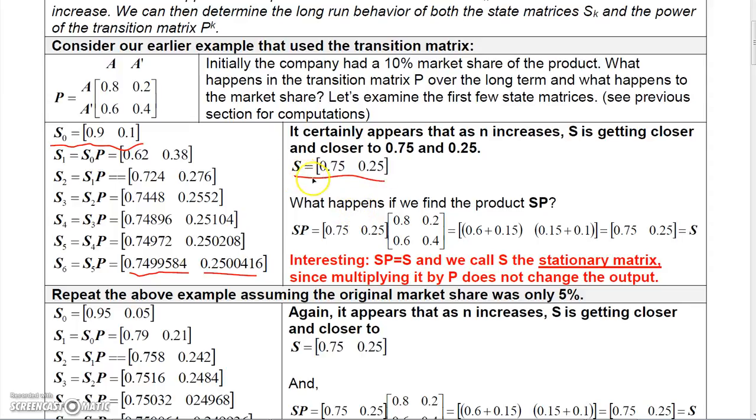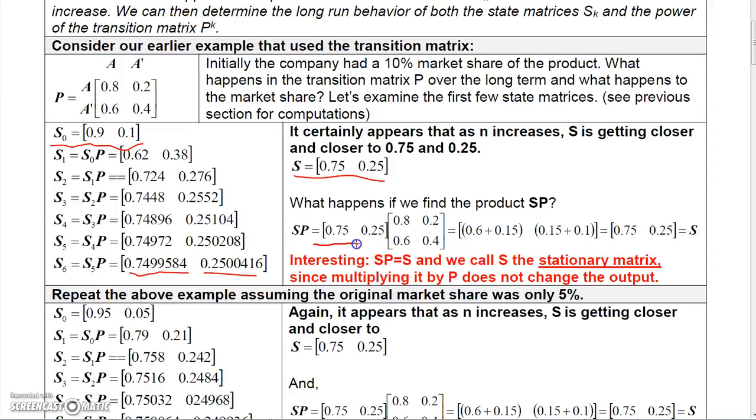So what actually happens if we were to find the product of this S value? In other words, we're going to say the final S, if we kept going, was going to be 0.75 and 0.25. Now what happens if we multiply that S by the transition matrix?